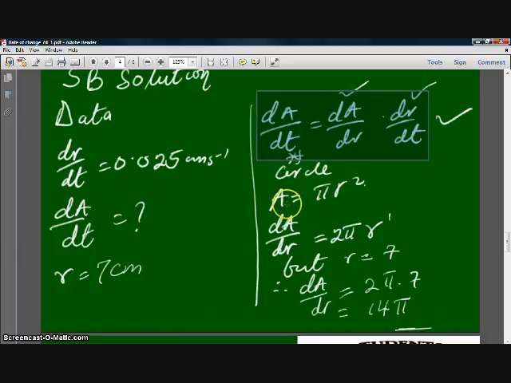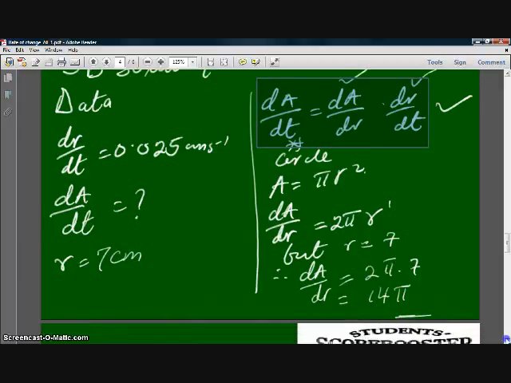So the area of a circle is πr², right? So from here, dA/dr is 2πr. Remember, 2 times π, 2π, then 2 minus 1. Our r is 7, so we can substitute for r here, and that will be 2π times 7, and that will be 14π.